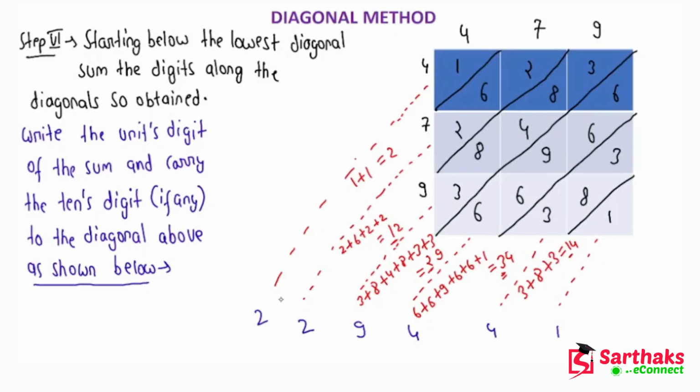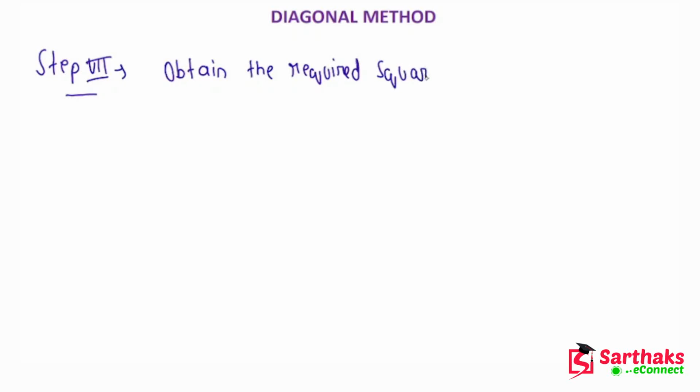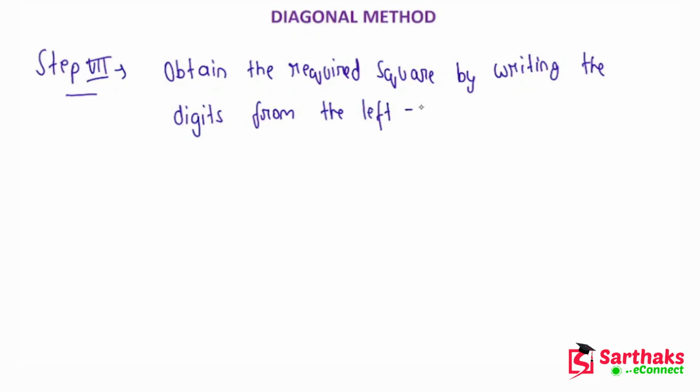Now you can very well guess what is the square. Okay, so it is very easy. So the final step number 7 says obtain the required square by writing the digits from the leftmost side.